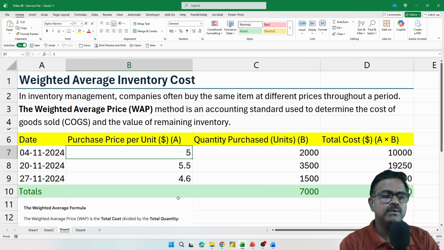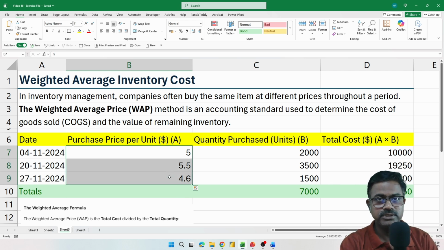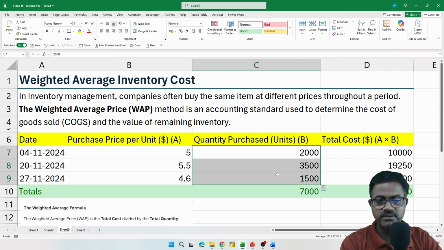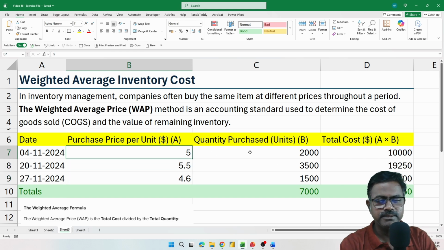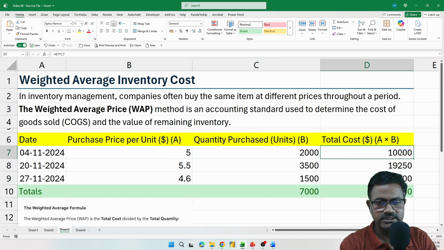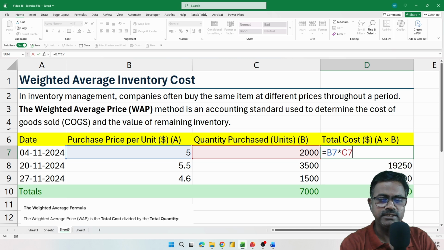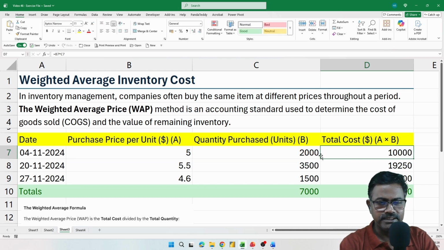Okay, so watch closely here. I have the price which I paid each time I purchased and the quantity I purchased. So literally I have the weightage, I have the price, everything is with me. All I have to do is this weighted average. Literally what I have to do is multiply this and this. That is what happened over here. If you see, I multiplied the weightage.